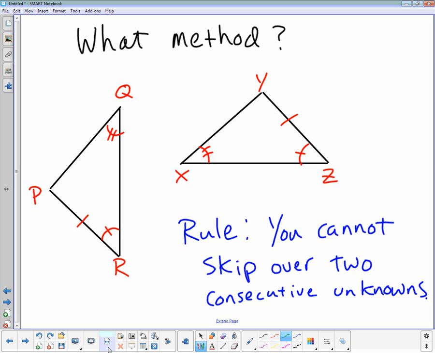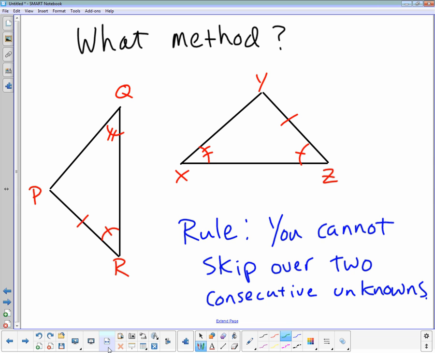Let's go through this triangle, PQR, because we know some lengths because we have tick marks. We know that angle Q is congruent to angle X. That was known, right? We don't know about QR. There's no tick mark on it. And there's no rule that allows me to say, oh yeah, because of this I know that.